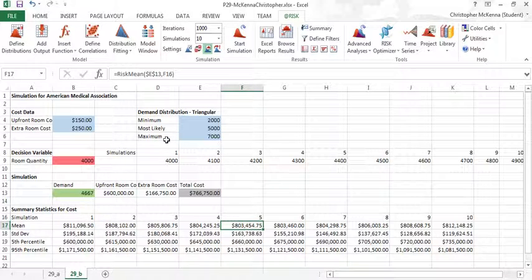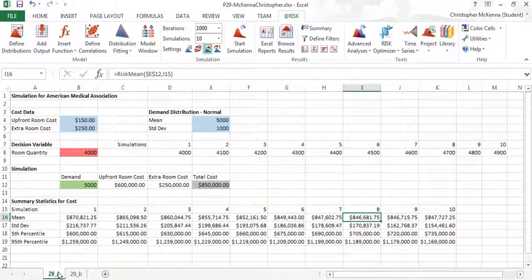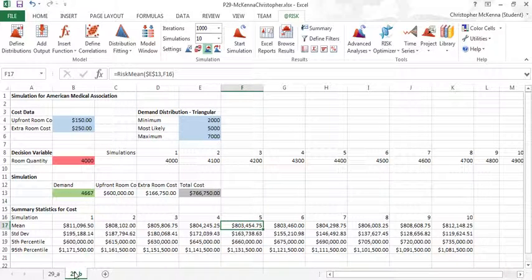They give us a different determination of what the average will be and how demand moves randomly throughout that distribution model. So in our recommendation, with the normal distribution, we would book 4,700 rooms. In our triangular distribution, we are going to book 4,400 rooms in advance.